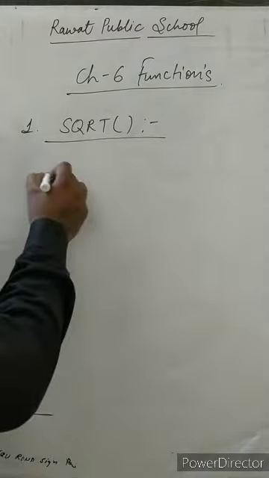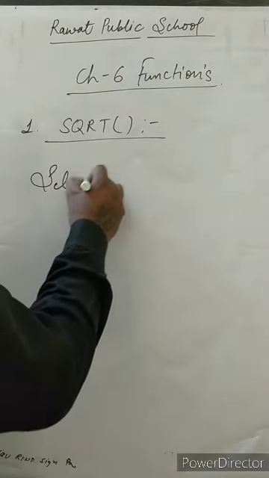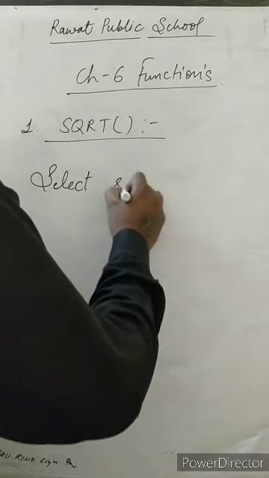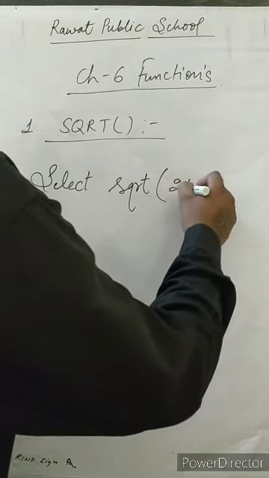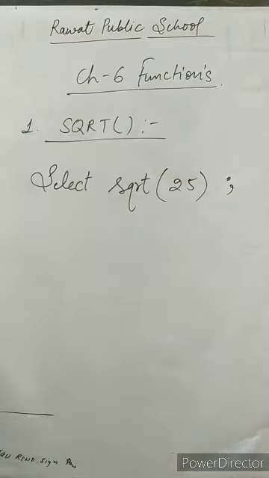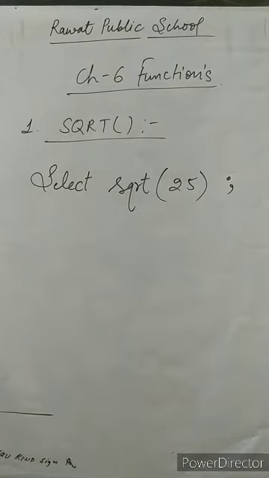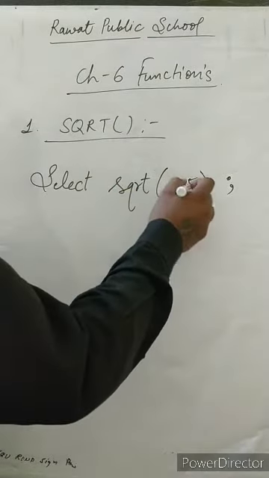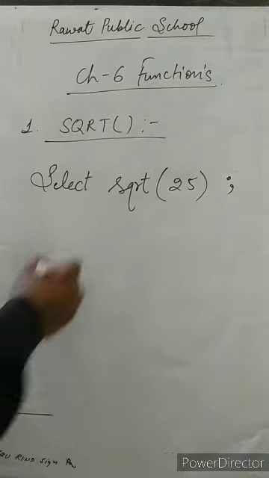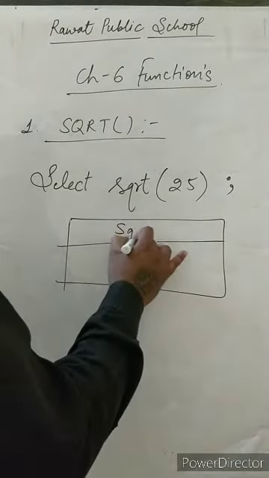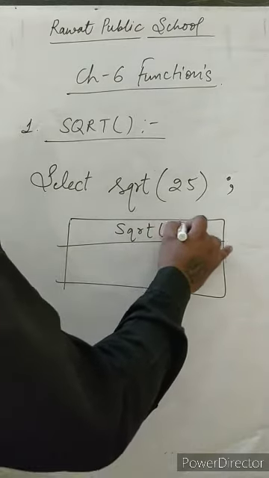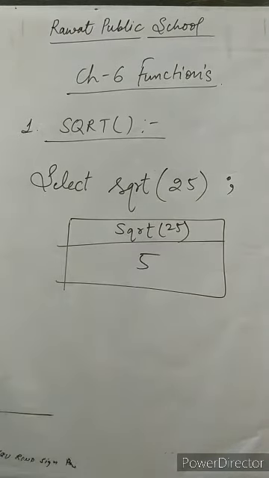Let me take an example. If I write the query select Sqrt(25), the output we get is 5, as you know that the square root of 25 is 5.